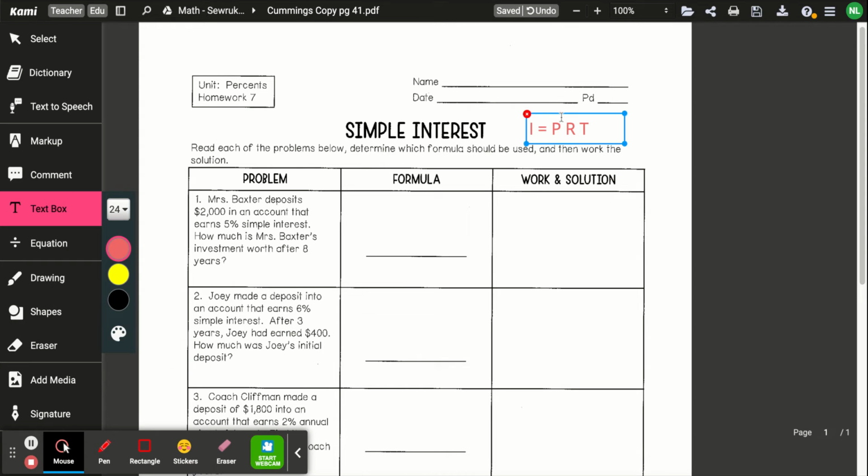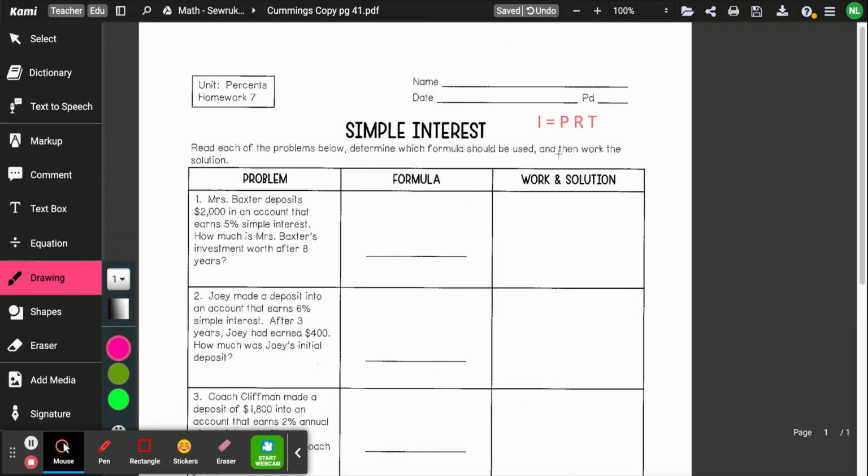So I equals P times R times T, where I equals the interest, P equals the principal, which is money, R equals the rate, which is a percent that is changed to a decimal, okay? And time always has to be in years. That says years, okay? So that's the formula we're working on.